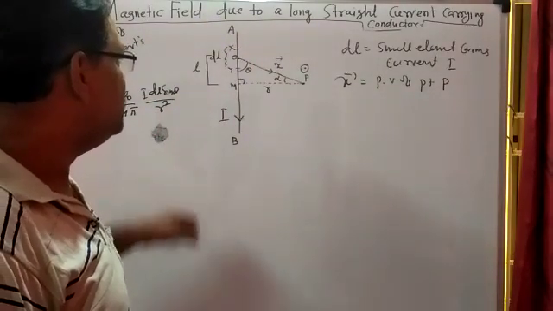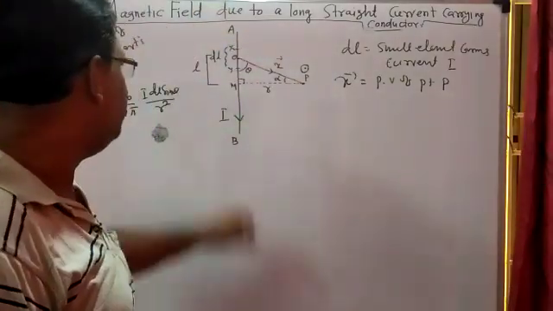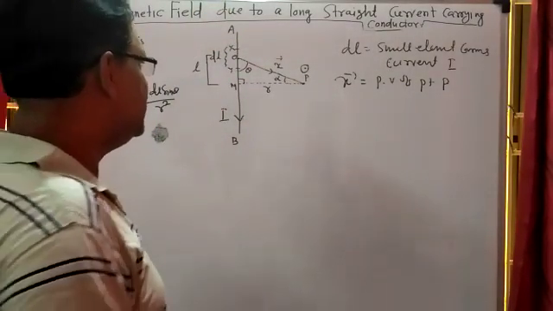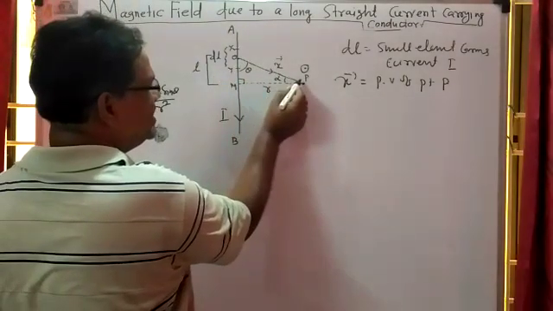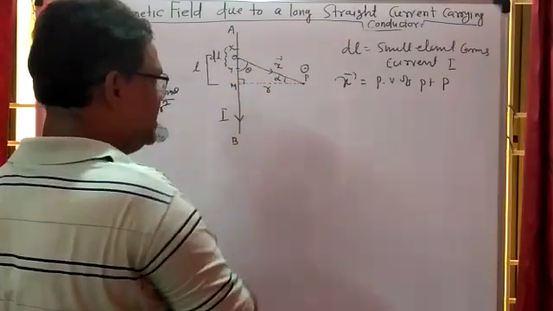Our target is to find the magnetic induction at P due to the whole long straight conductor AB. Theta is the angle made by the position vector and the direction of the current.